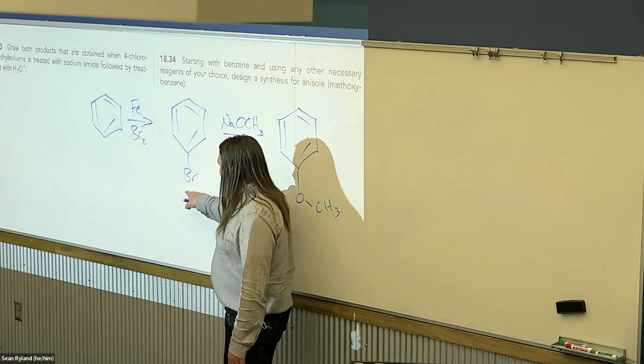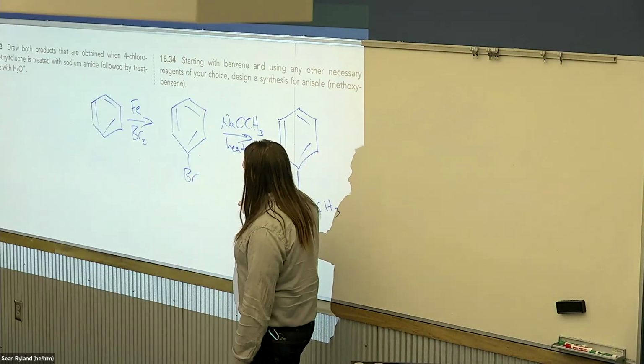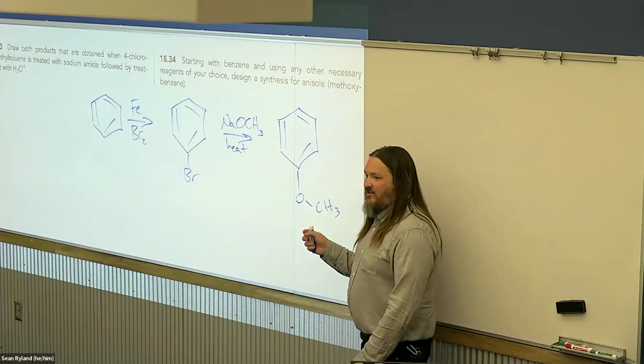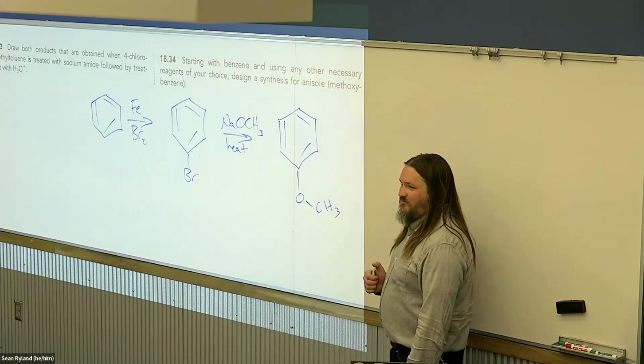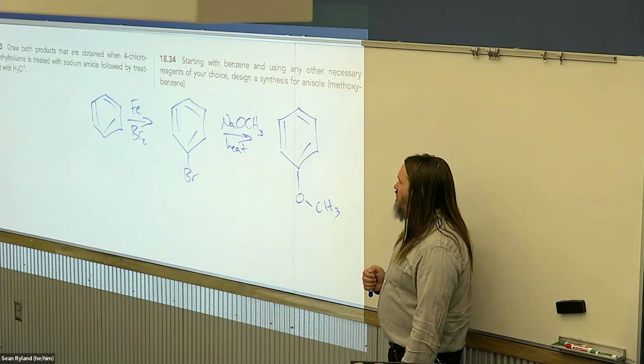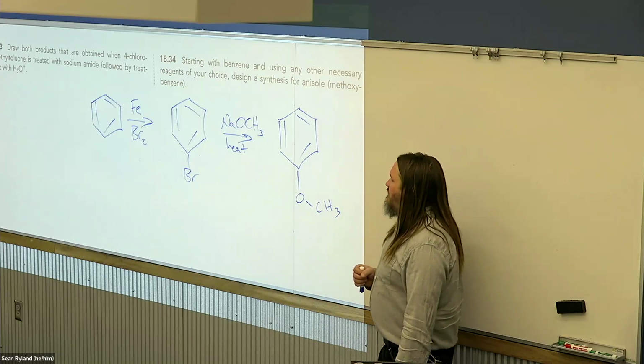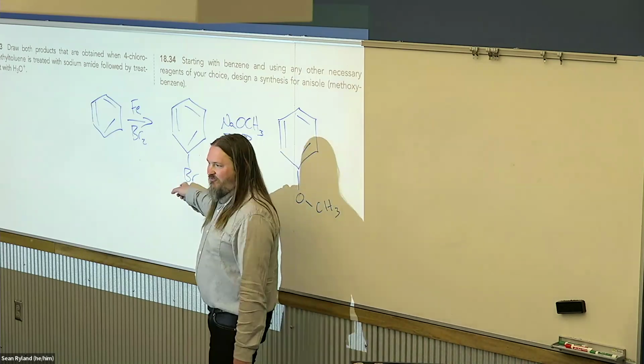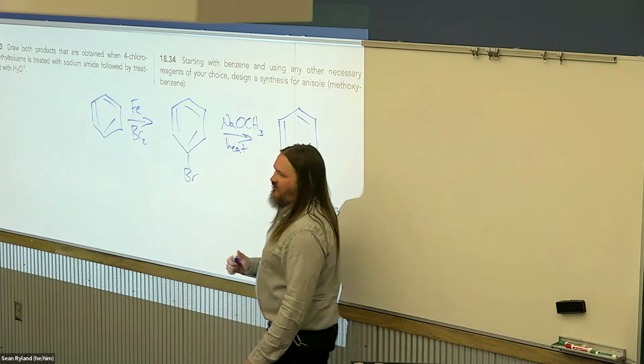This is an OP director, and so is this. This is strongly activating though. So if we want that to be the case, that's pretty easy to do. If we want our product to be meta, we would have to add our other substituent first, like we talked about before.